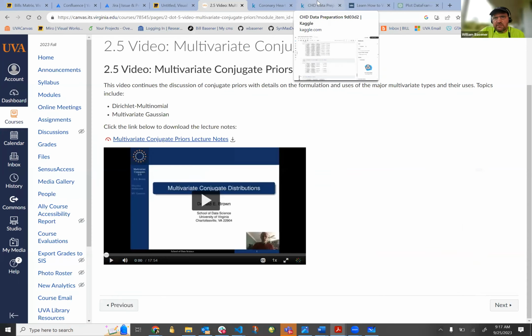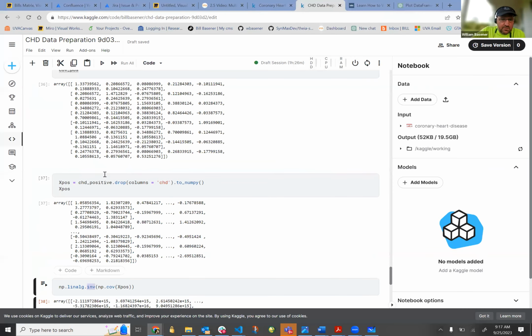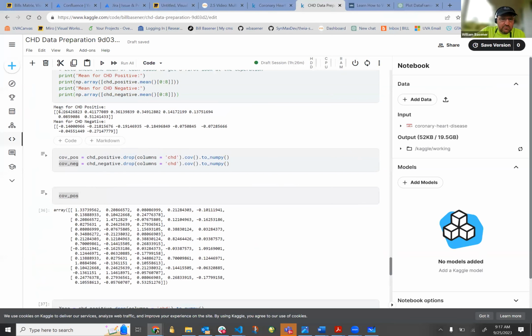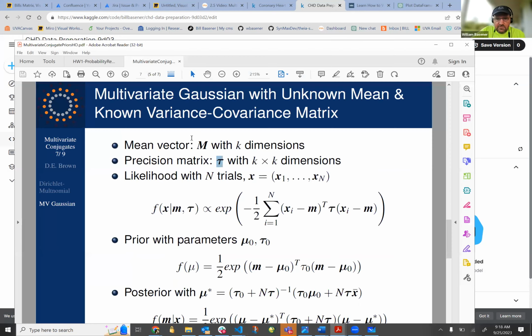So coming back in here, we have two different normal distributions. This would be the mean for the first and the mean for the second. This here corresponds in this to m.